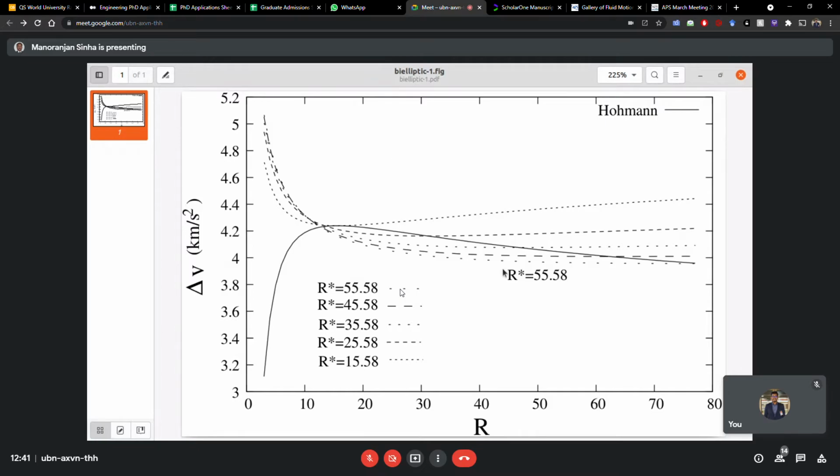Here, what is important is that the Hohmann transfer is cheaper till a certain value of n. Till what point it will be cheaper will be visible from the place where your bielliptic transfer curve cuts the Hohmann transfer curve. In all cases, you can see the rest, R star equal to 15.58, is the uppermost curve here.